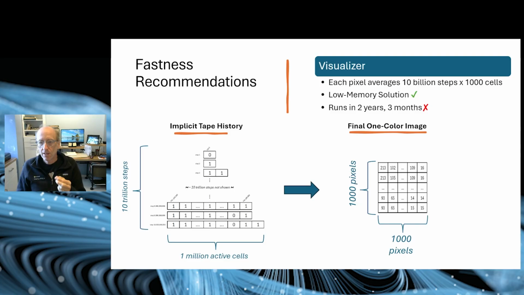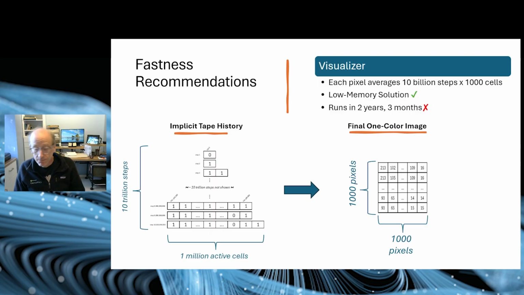And each pixel will represent a giant rectangle from the implicit tape history. So if we had 10 trillion steps, then each pixel represents 10 billion steps. And if it's a million wide, that means each pixel also represents 1,000 cells. So each pixel represents 10 billion steps by 1,000 cells and is the average of those zeros and ones.